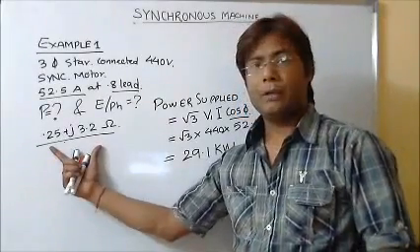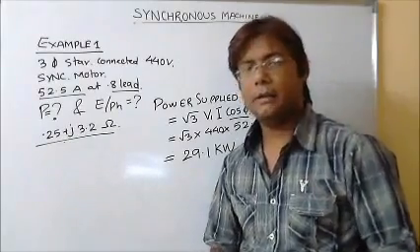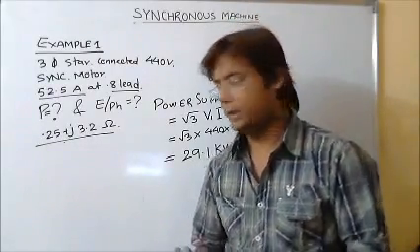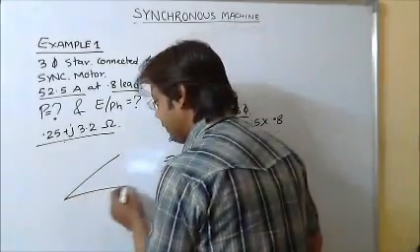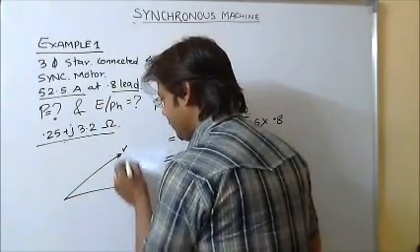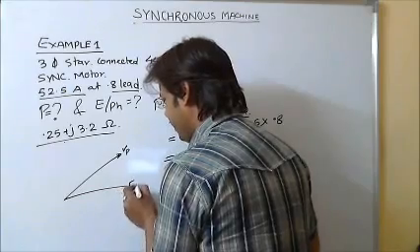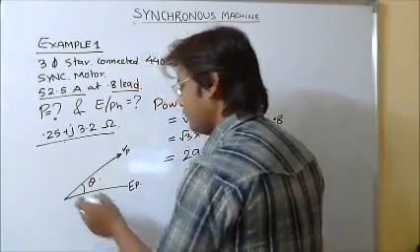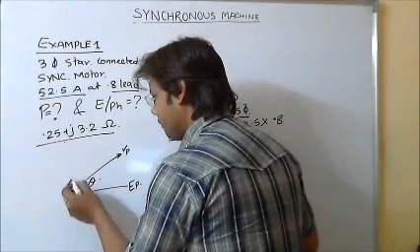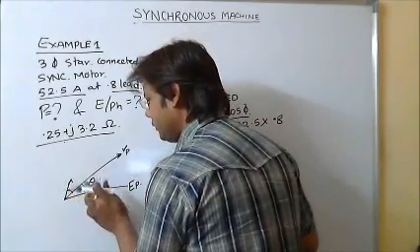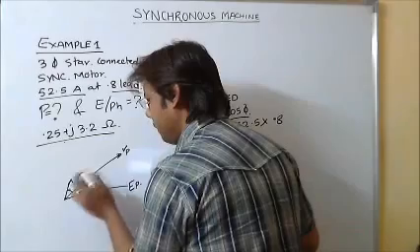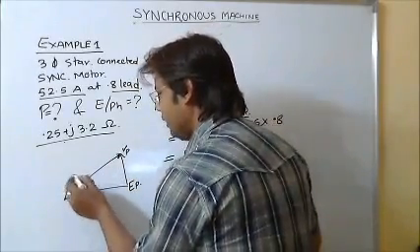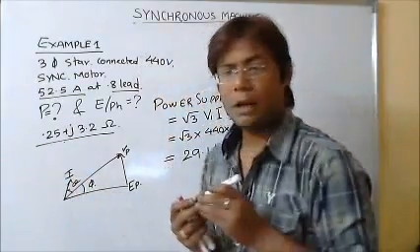By the triangle of synchronous machine, we can draw VP, EP, and the angle. This is phi, this is theta, and this is the current I.